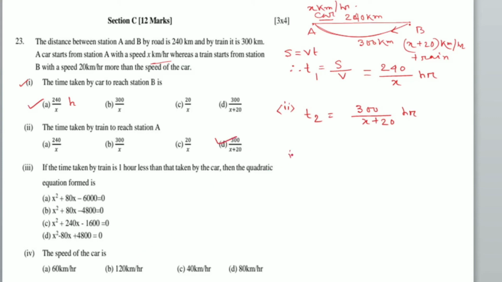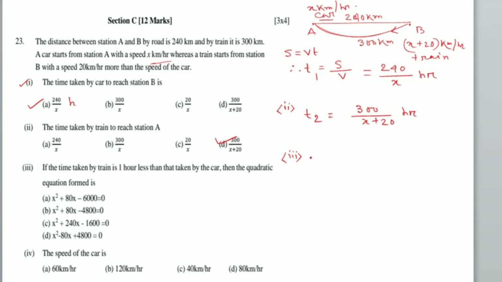Now problem number 3: if the time taken by the train is 1 hour less than that taken by the car, then what is the quadratic equation formed? Okay, here the time taken by the car is 240 by x and the time taken by the train is 300 divided by x plus 20, and it is said that the time taken by the train is 1 hour less than the time taken by the car.